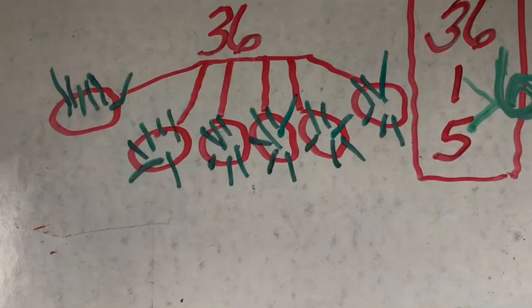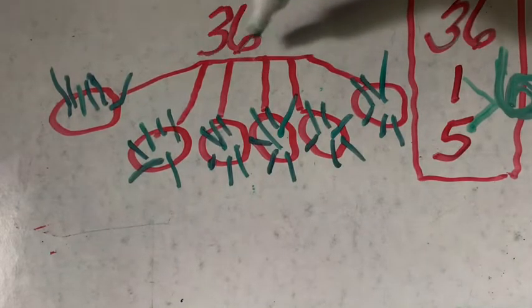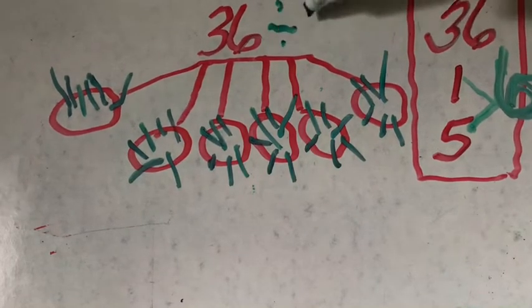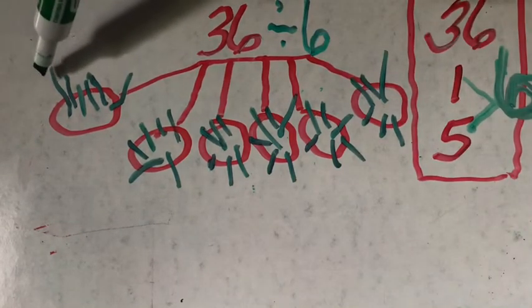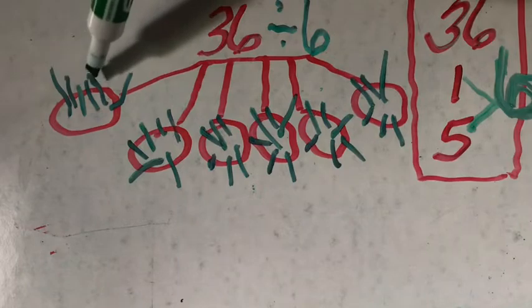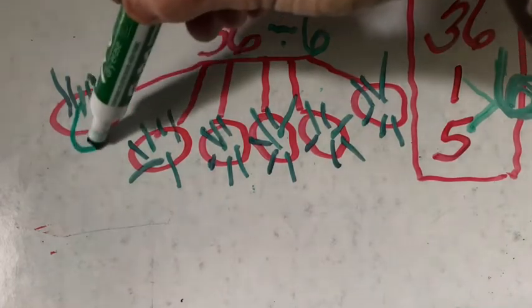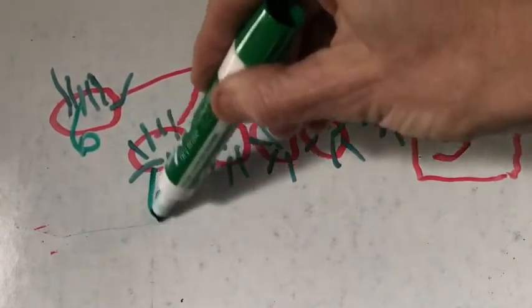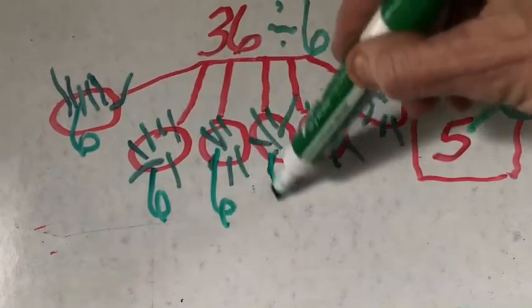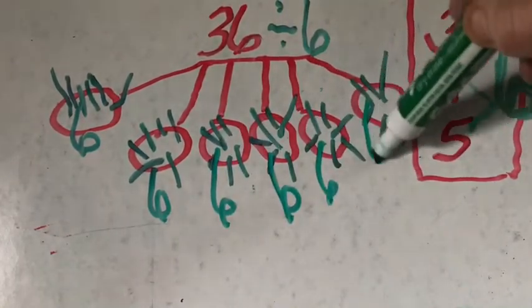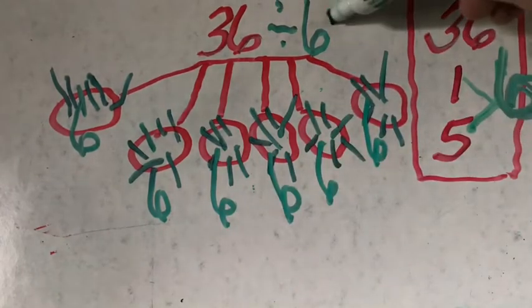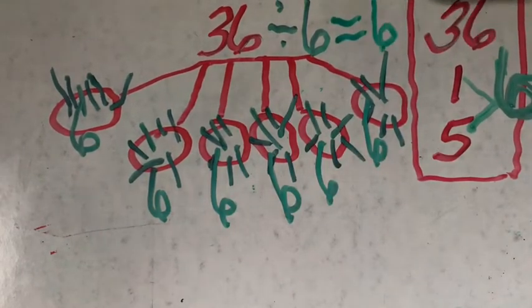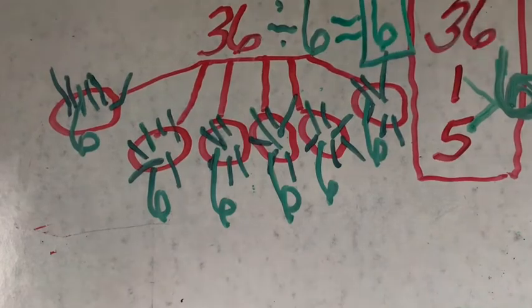So I actually did 36 divided by 6 people. And if I count, they'll each get 1, 2, 3, 4, 5, 6. And I know my fact families. I know 6 times 6 equals 36, or 36 divided by 6 equals 6. So the answer there is they'll each get 6.